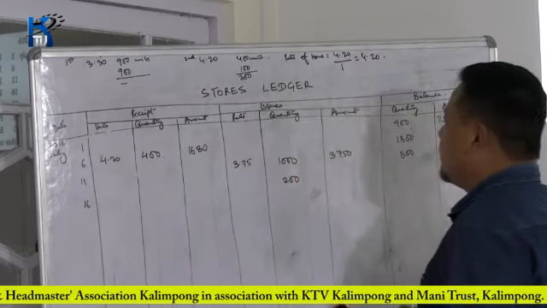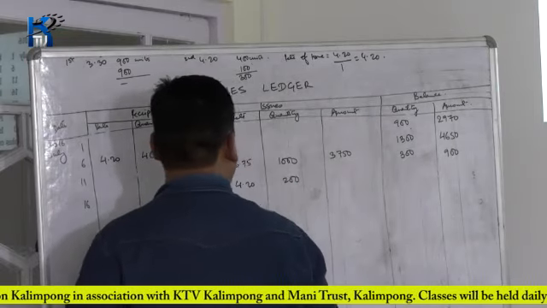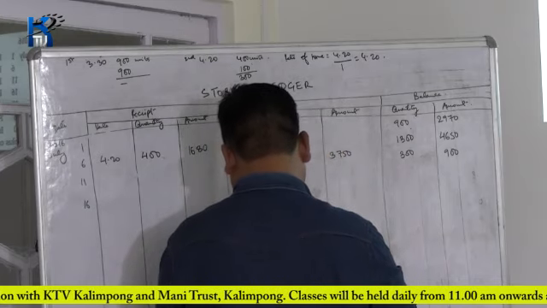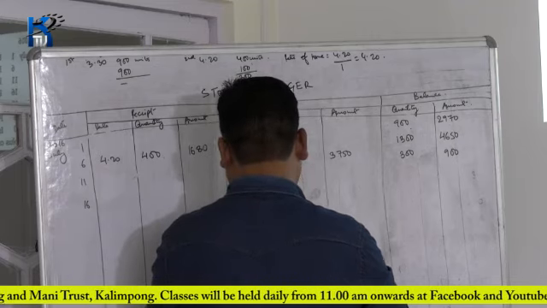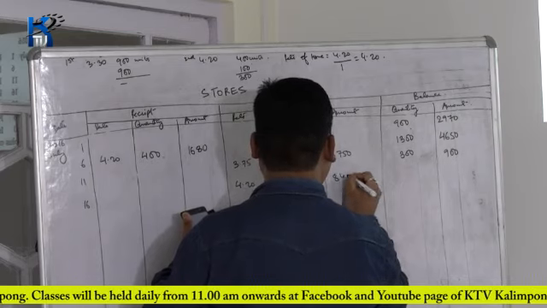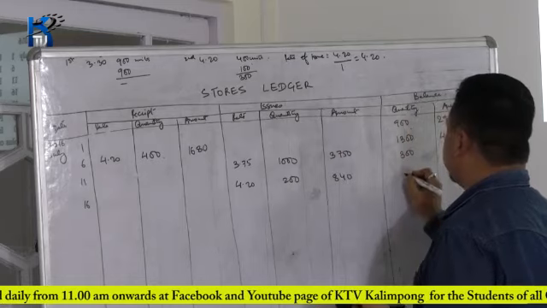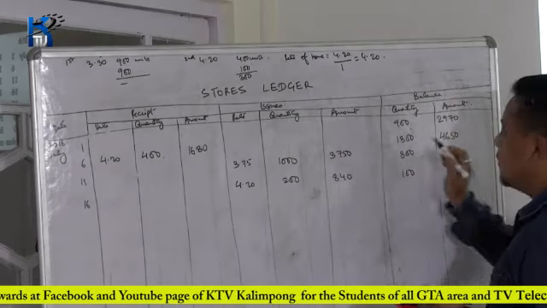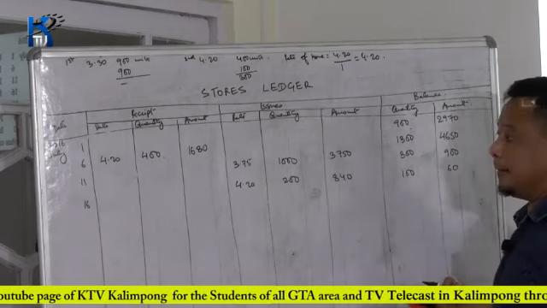So the rate of issue will be 4.20 into 200 amounts to 840. So the balance remaining is, out of 300 units, 200 has been issued, 100 units are remaining. Out of 900, 840 rupees has been issued, 60 rupees is remaining.